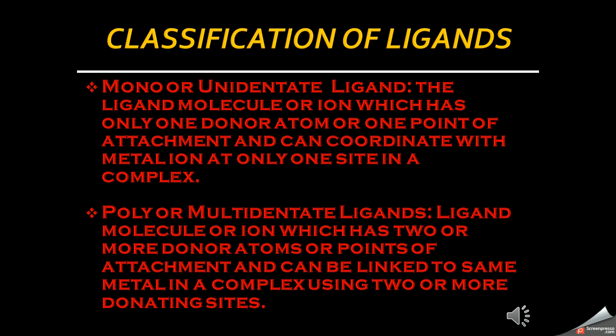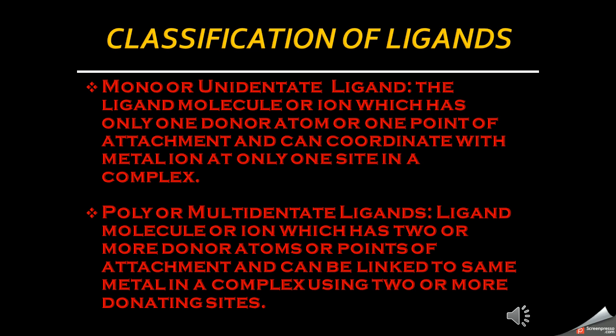For example, in NH3 only one donor atom is present, and that is nitrogen. CN-, OH-, F-, Cl-, Br-, O2- are some mono or unidentate ligands. These are negative ions. Some neutral ones may be there, that is ammonia and water.